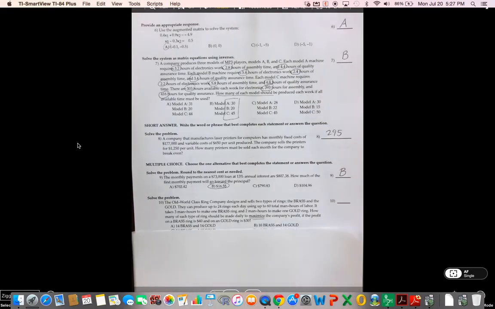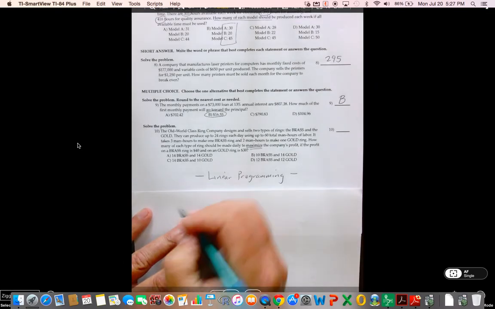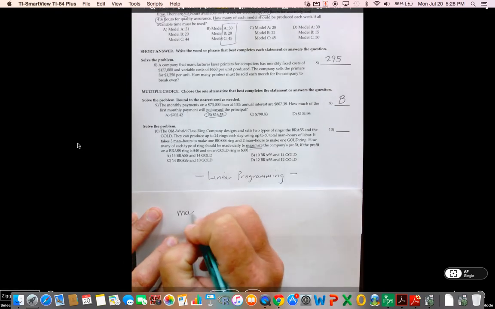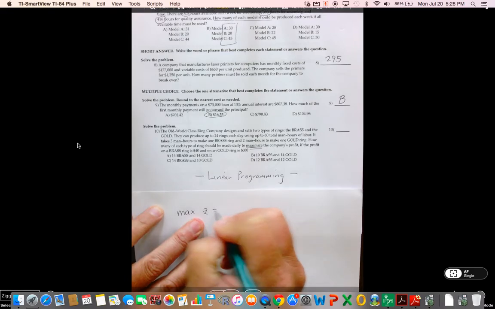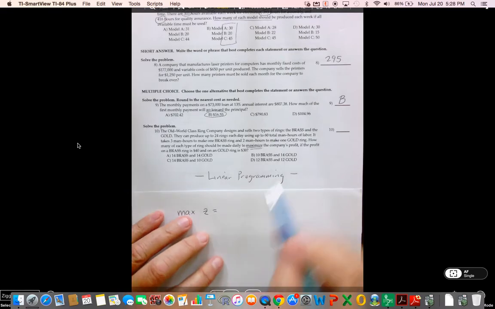So let's see if we can figure this stuff out. Okay, still not too late to learn it. The first thing we have in a linear programming problem is the objective function.